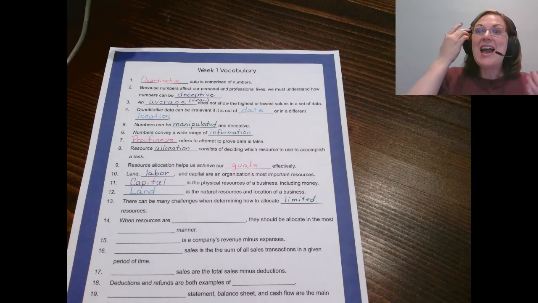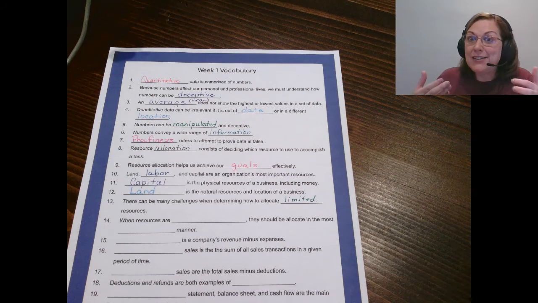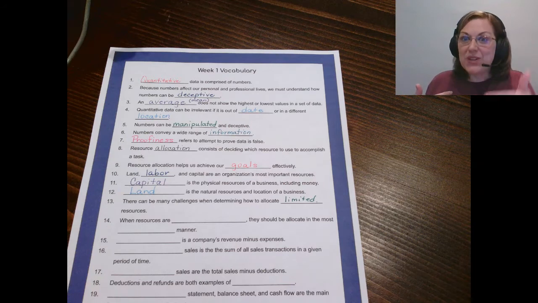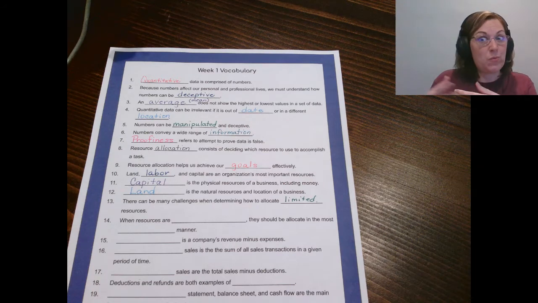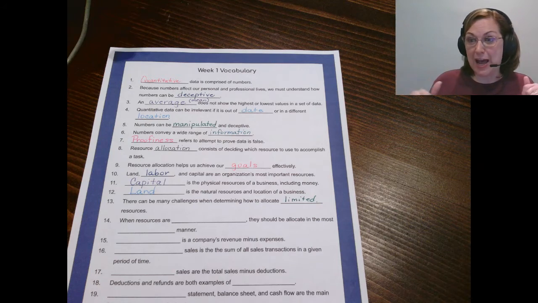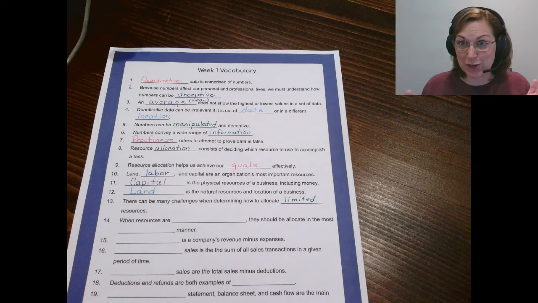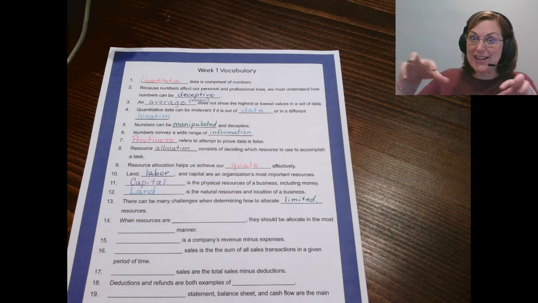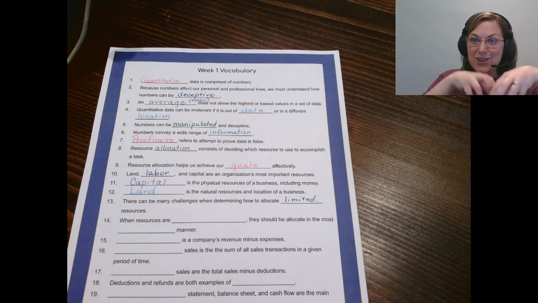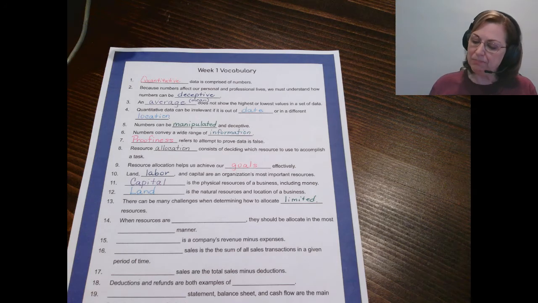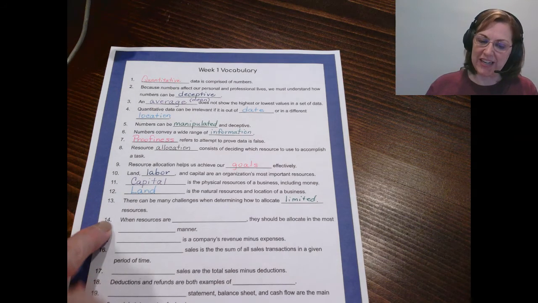So there's challenges that I have to think about when the resources are limited, when we don't have an infinite amount of cash, when we don't have an infinite amount of drivers, when we don't have an infinite amount of cars. So it's a jigsaw puzzle, right? Trying to figure that out and do it in the most efficient manner. Let's look at 14.